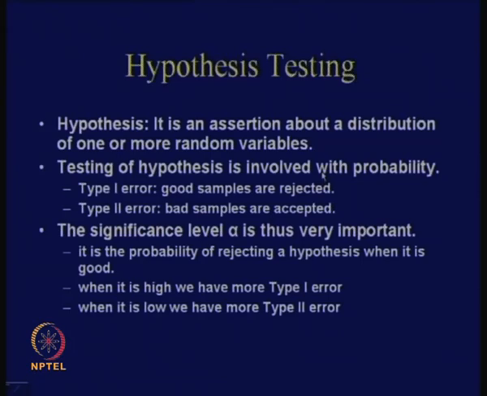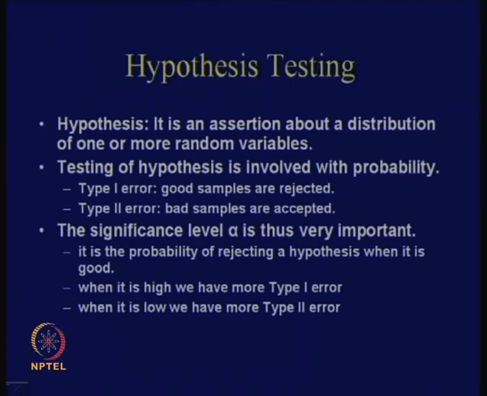In general, a hypothesis is an assertion about the distribution of one or more random variables. In our case, we will make a hypothesis, for example, that the output of a given pseudorandom bit sequence generator is a good pseudorandom bit generator. This is not a deterministic way of testing, it is a probabilistic way of testing, which means my testing principle can fail.